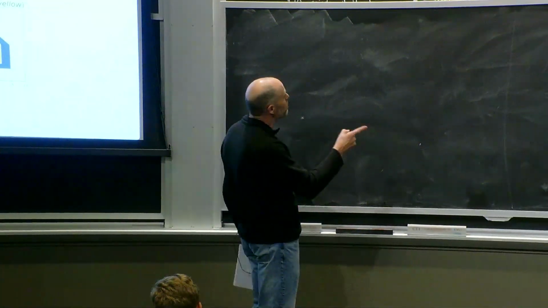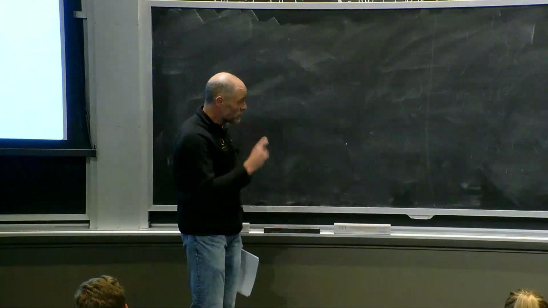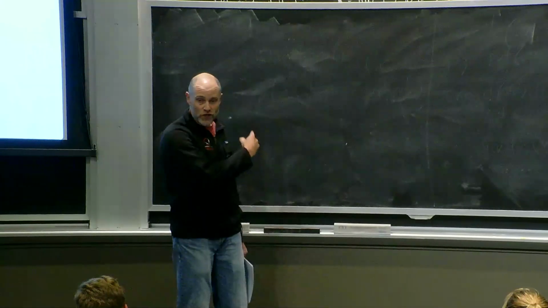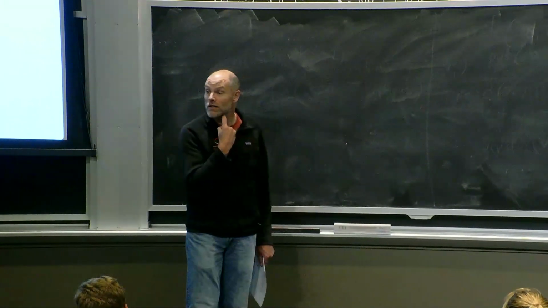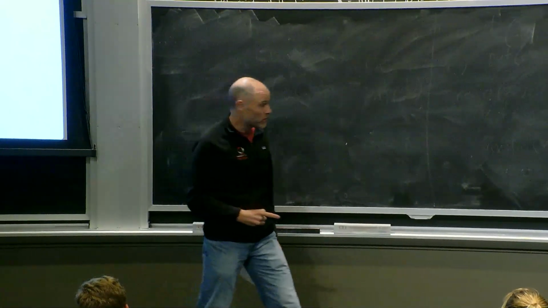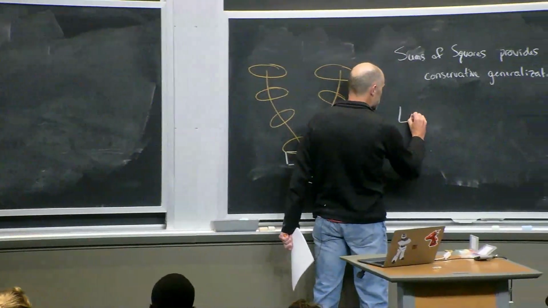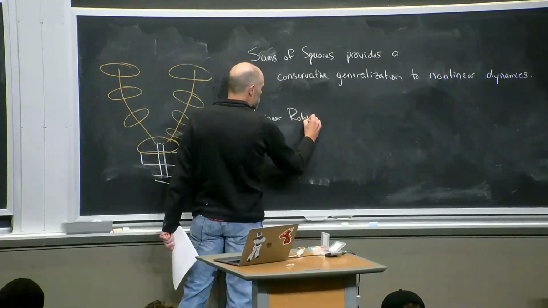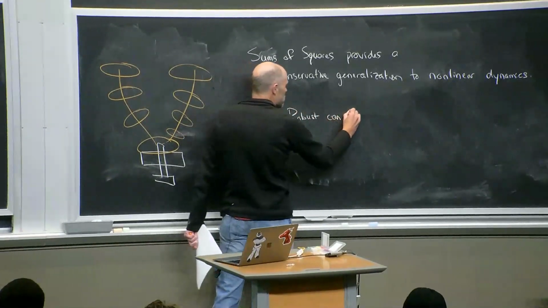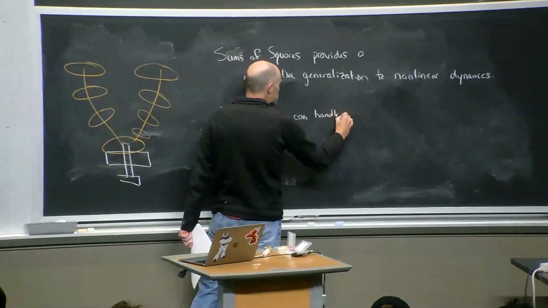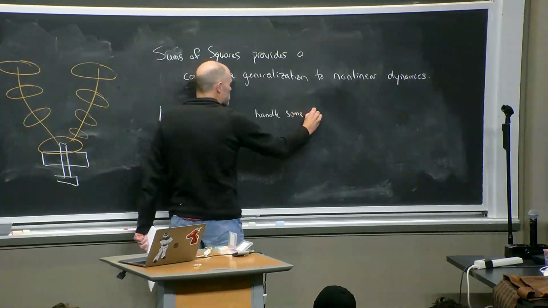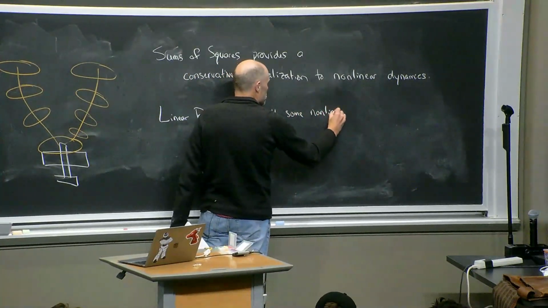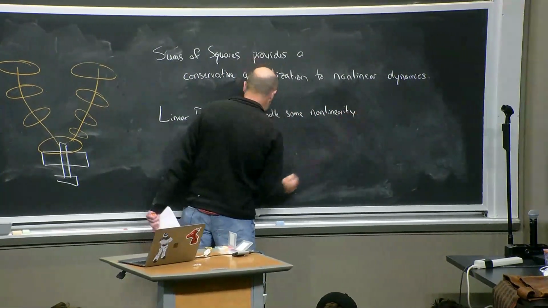Oh, let me make one more point. The linear robust analysis can work for nonlinear systems, and can handle some nonlinearity. So how does that work?